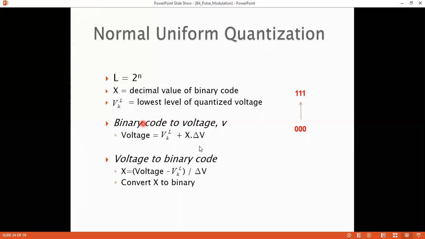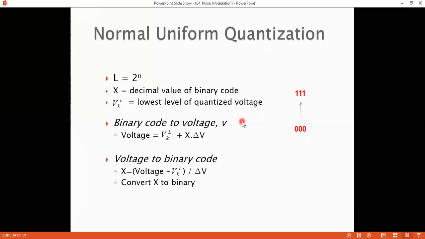So then we get the quantized voltage for that binary code. And when you're given a voltage, to find the binary code, we just rearrange the equation, put x at the front, which is equal to voltage minus VKL divided by delta V. When you get x, which is the decimal value, we convert x to binary. Okay, so these are the formulas. They will be given in the exams. Yeah.